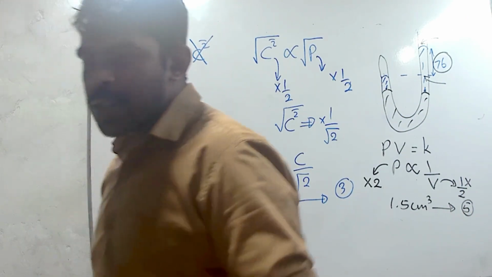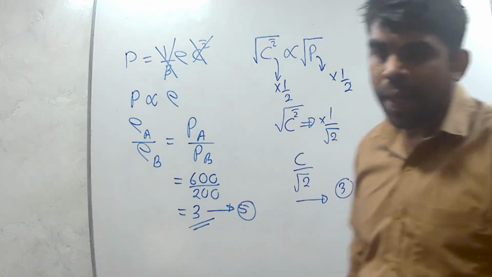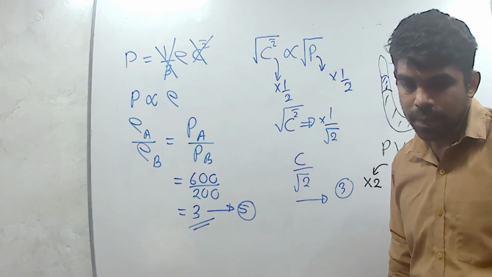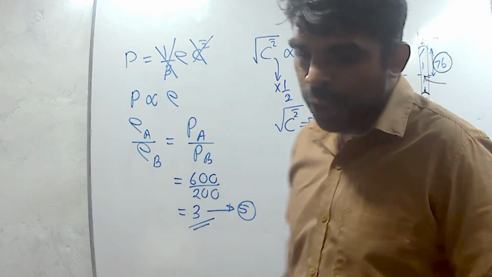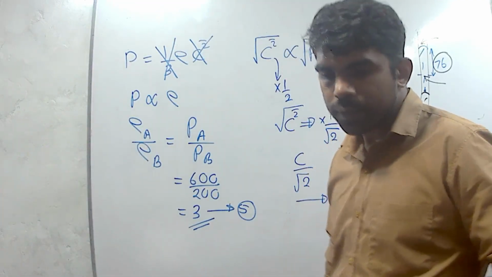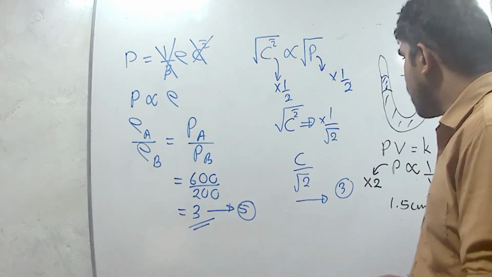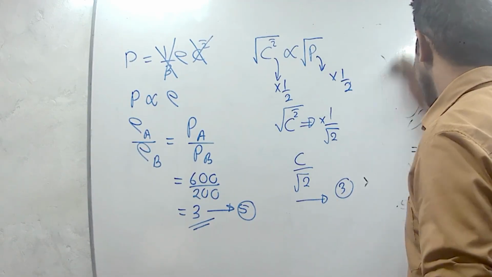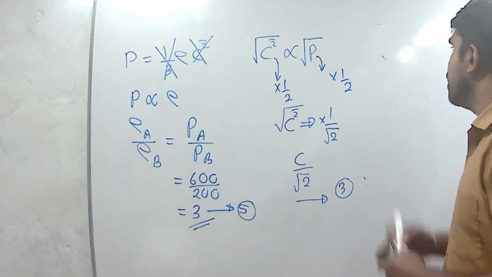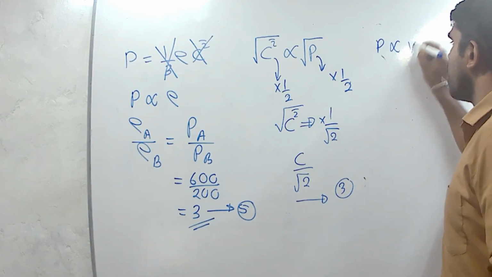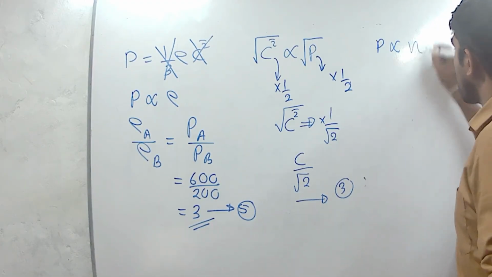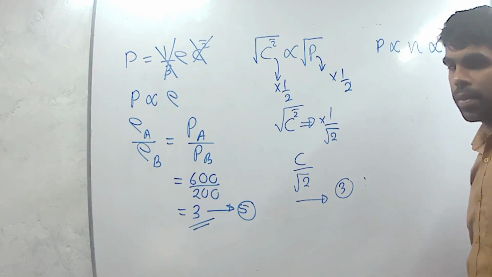Second one, root mean squared speed, Kelvin temperature, volume of container, mass of gas. We know that according to PV equals nRT, we can get pressure directly proportional to number of moles, and number of moles directly proportional to mass.